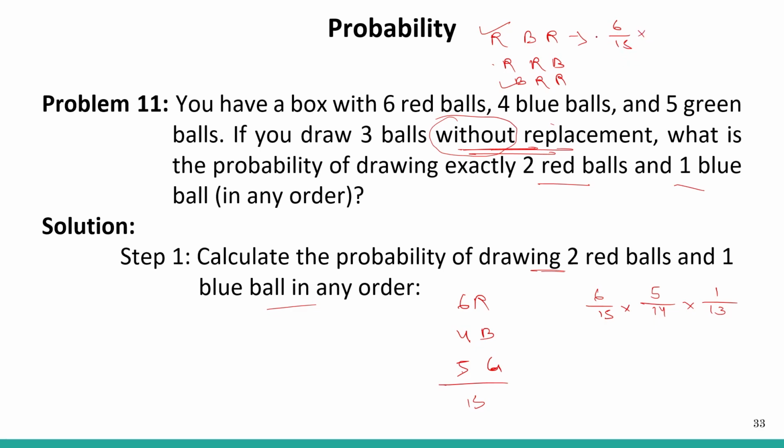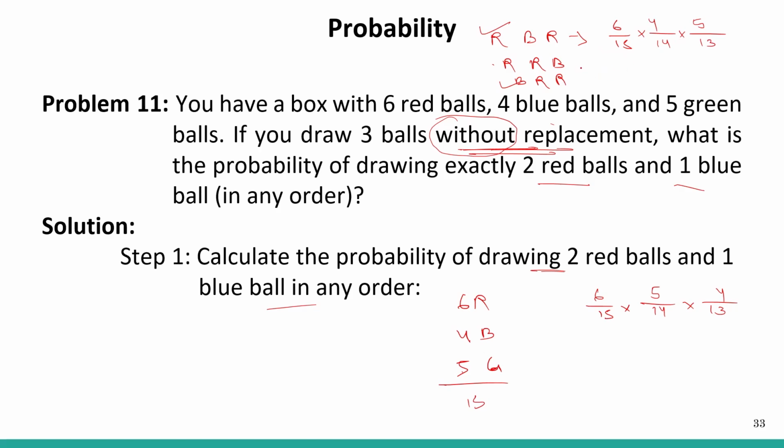In the second case, to draw a blue one, the number of blue balls is 4, so it will be 4, and the total number of outcomes is 14 because one has already been drawn. Then to get another red ball, the favorable outcomes will be 5, since from 6 we have drawn 1, and we have only 13 options left because we have already drawn 2 balls. So this case is sorted.